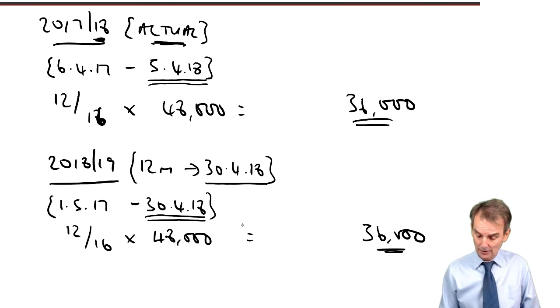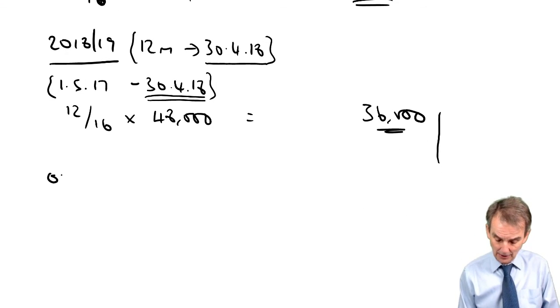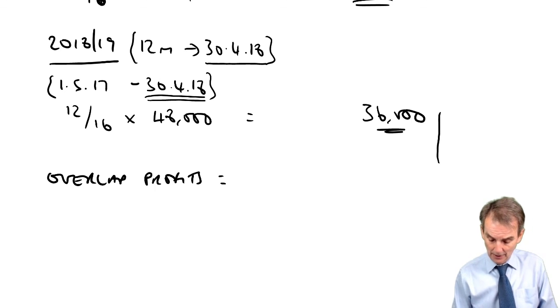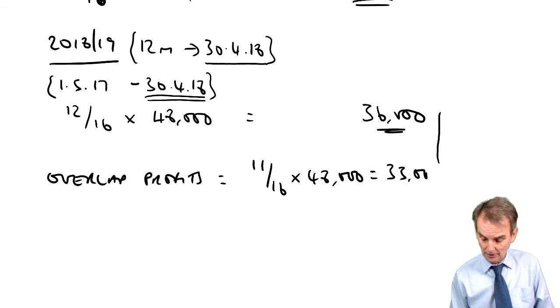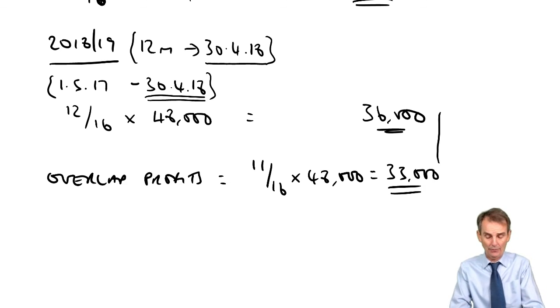Now that means that our overlap profit may be computed as, and of course hopefully you've already established this figure, overlap profits, that's going to be 11 months out of the 16 months in which we made 48,000, and that will be £33,000 there. £33,000 of overlap profit.